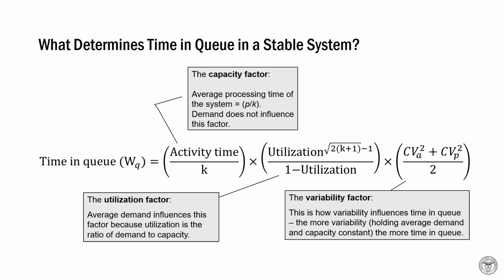Keeping average demand and capacity constant, an increase in variability corresponds to a longer time in the queue. This underlines the importance of managing variability to optimize queue performance.